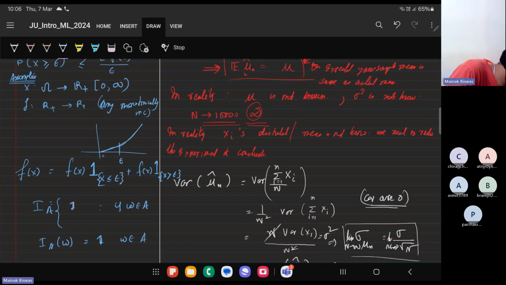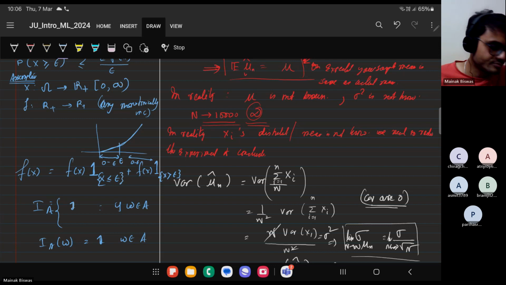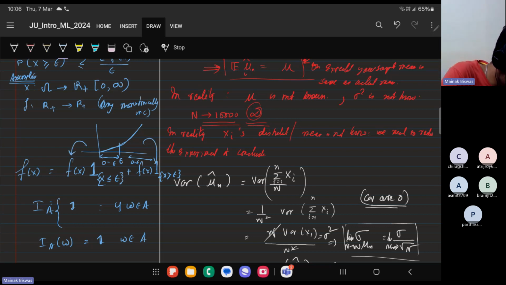So I have defined two sets, 0 to epsilon and epsilon to infinity, right? If it is in 0 to epsilon, I will get this part. If it is in epsilon to infinity, I'll get this part. But it is still f of x. I'm just writing it in terms of two terms. Do you agree?